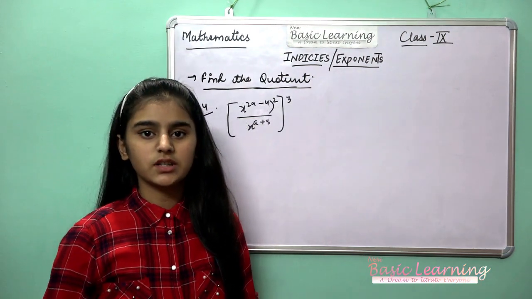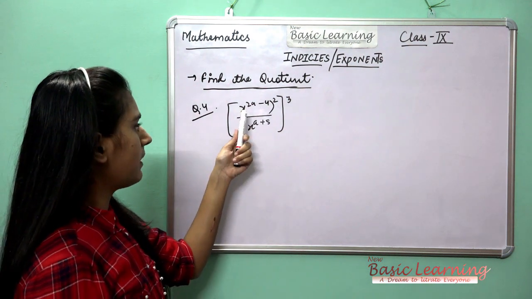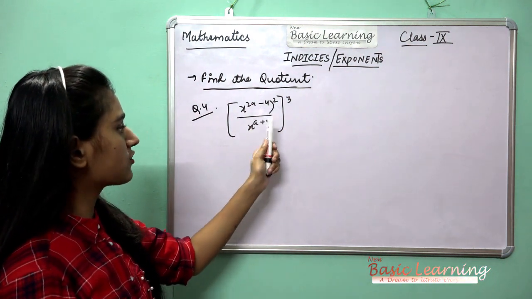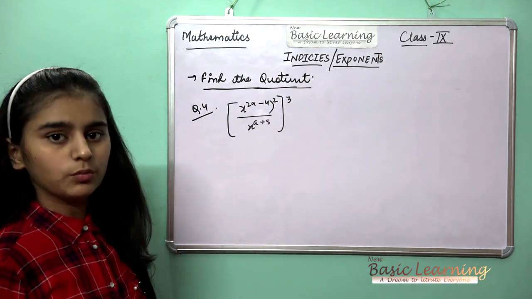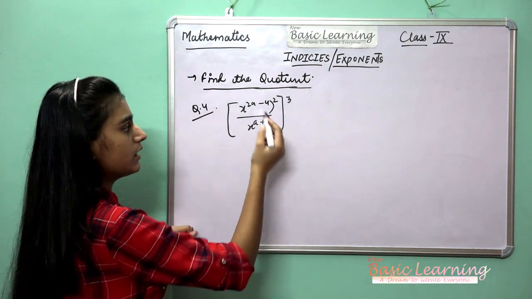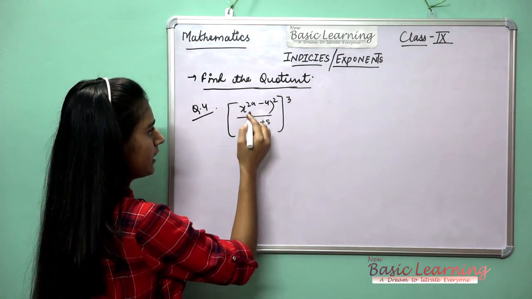Now let's do the fourth question, the last question: x to the power 2a minus 4 whole square upon x to the power a plus 5 whole cube. So let's solve the question.